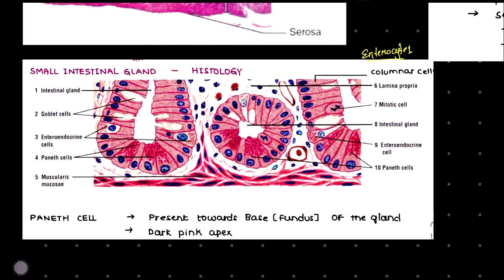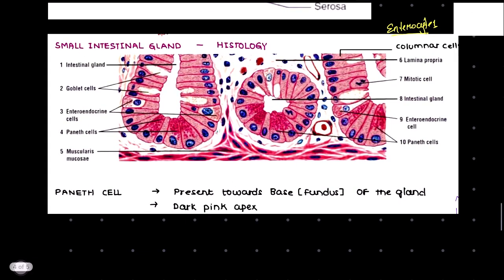Moving further, we need to talk about our goblet cells. Right now we are talking about the intestinal gland, and under that we are talking about goblet cells. What are these goblet cells? They are responsible for forming mucus.